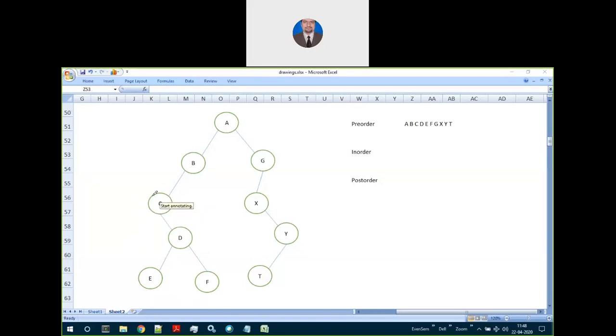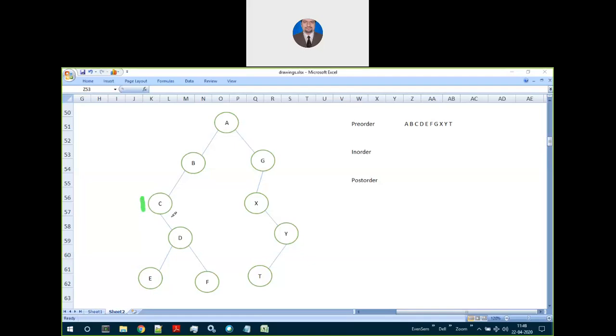So what is the parent here? C. So C should be read first. Left is not present, so I leave it, then the middle, that is the parent, I read the parent.